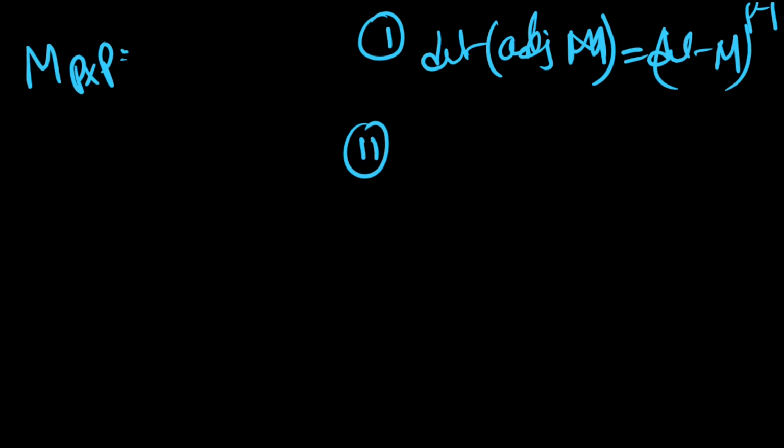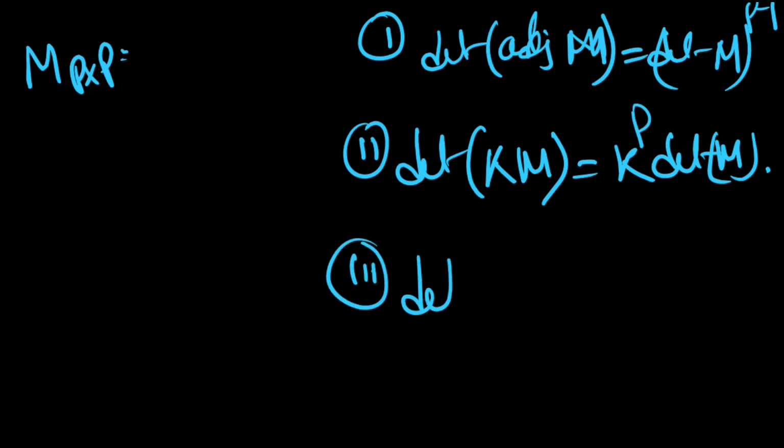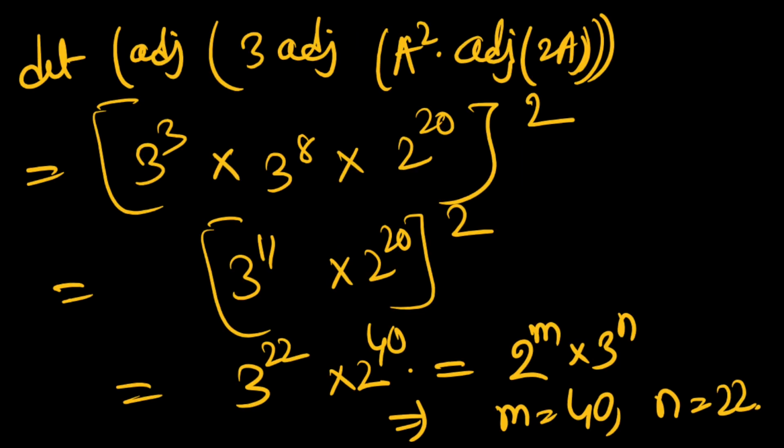Second, determinant of any constant multiple of a matrix is equal to k power p into determinant of N. And third, determinant of the product of two arbitrary matrices M multiplied by N is determinant of M multiplied by determinant of N. So using these three formulas we find this expression.